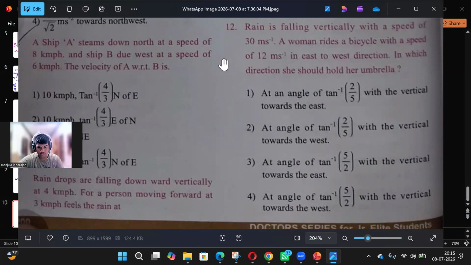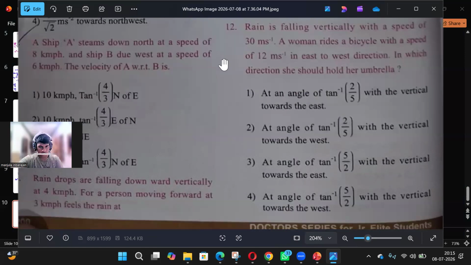So with that I can find it. East to west, and east direction taken as i cap, north is plus j cap.